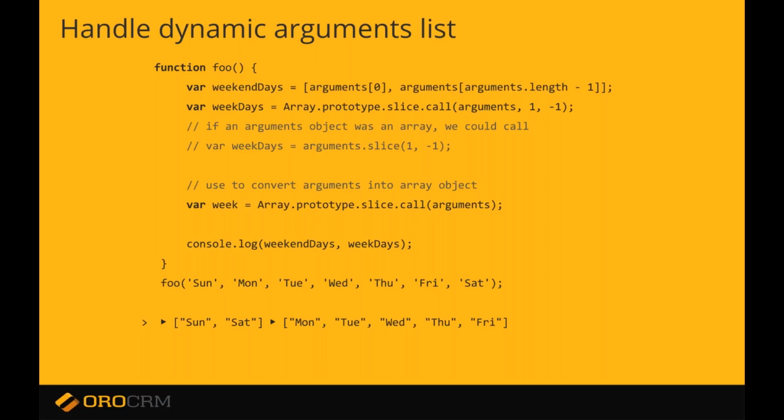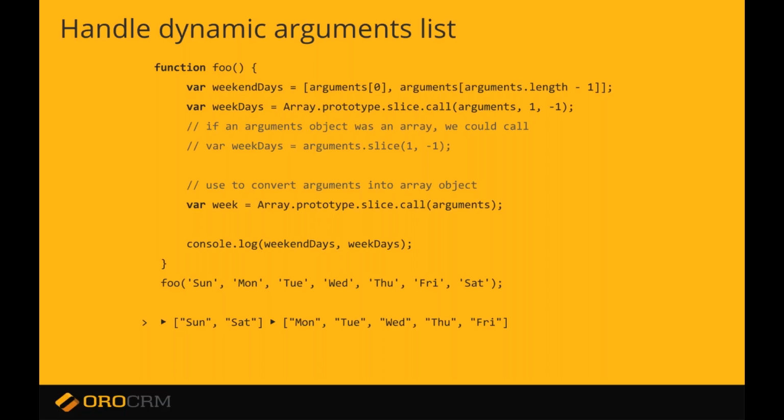And using a method from the prototype of array, the slice method, we can extract part of the elements from arguments and store them as items of the array weekdays. So that long row, Array.prototype.slice.call(arguments, 1, -1), will actually do pretty much the same as if arguments were an array.